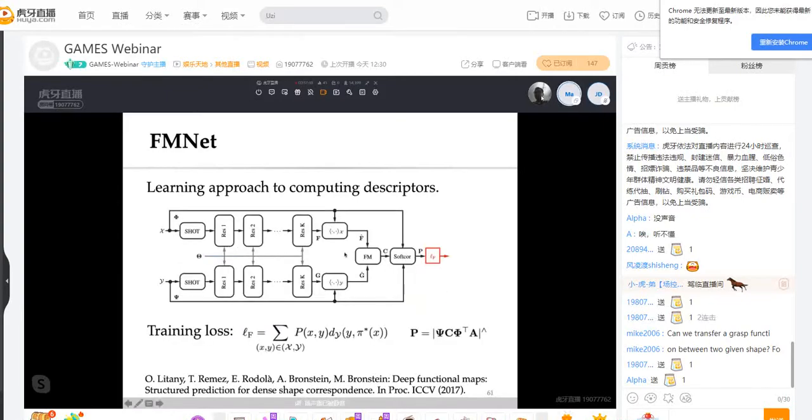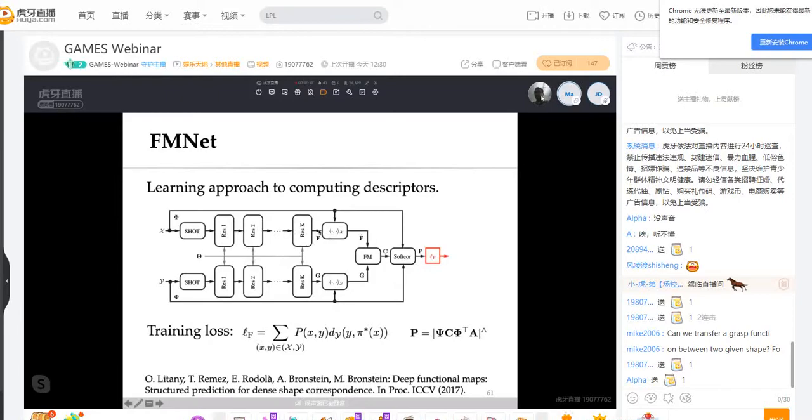The network that they defined is a Siamese network, so you have shared weights. Here X and Y are the descriptors on the two shapes. From X, I compute some descriptor like SHOT, and then I pass it through a set of fully connected layers.